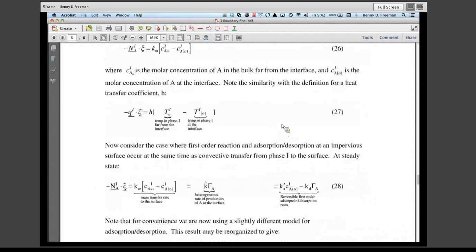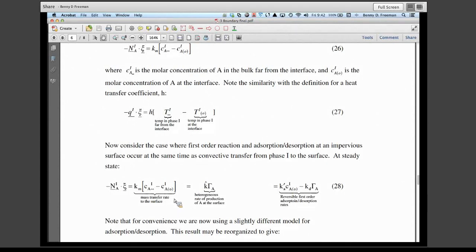Now, let's look at a case where the first order adsorption and desorption occurs at the same time as convective transport from phase 1 to the surface. And so at steady state, the net rate of transport of component A to the surface from the bulk phase 1, that is the gas or liquid next to the catalytic surface, can be written in terms of the mass transfer coefficient as we've just defined.